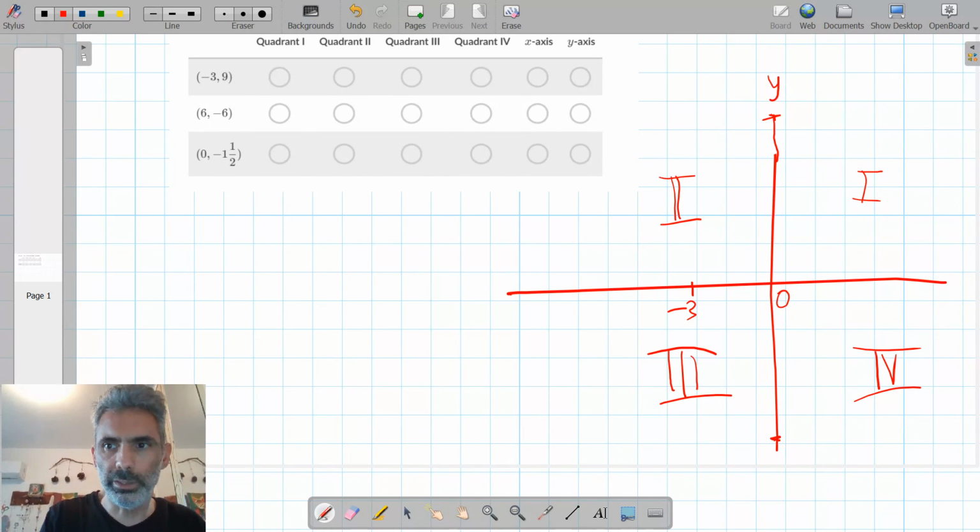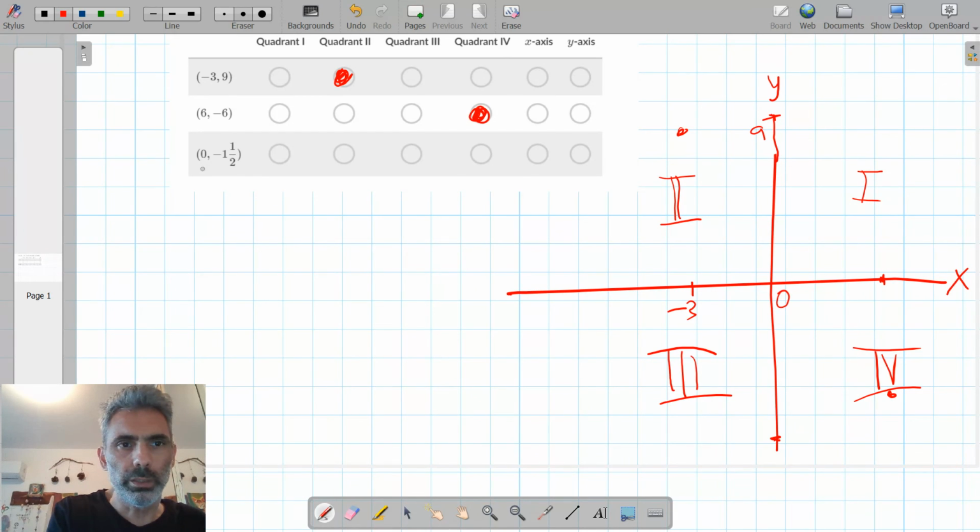This is the y-axis, this is the x-axis. So minus 3 and 9 will be somewhere here, in the second quadrant. Then 6 on the x-axis and minus 6 on the y-axis will be somewhere here, quadrant 4.